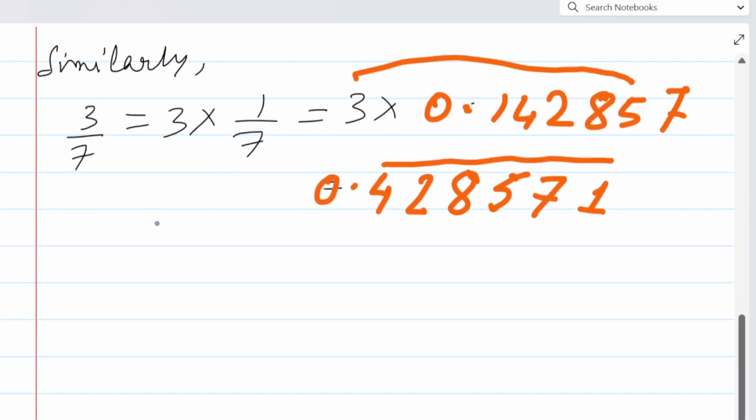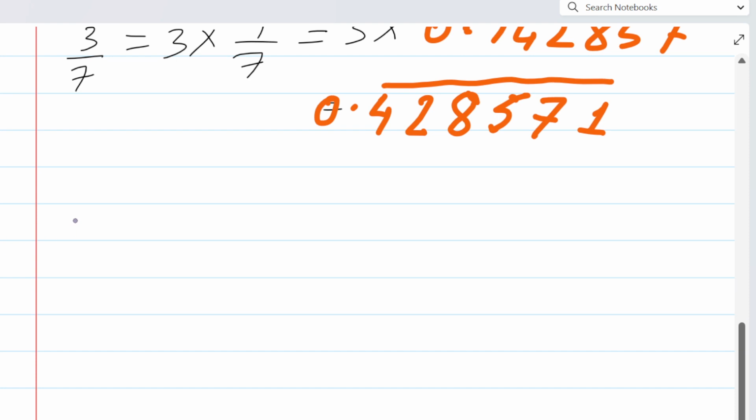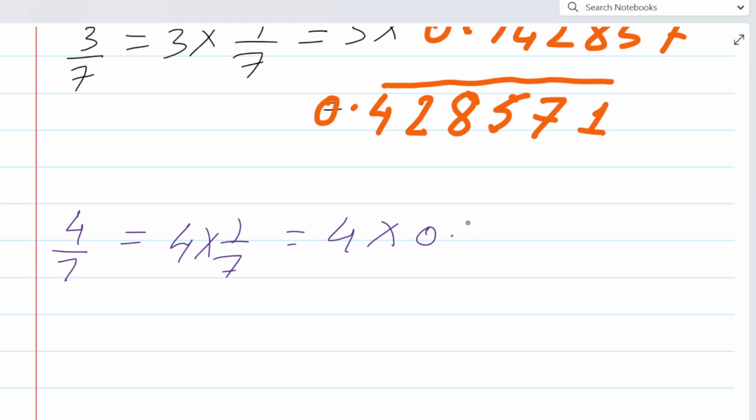Okay, so let's quickly do the other one. What about 4 by 7? Same. 4 into 1 by 7. Take the value of 1 by 7, that is 0.142857, with the bar.